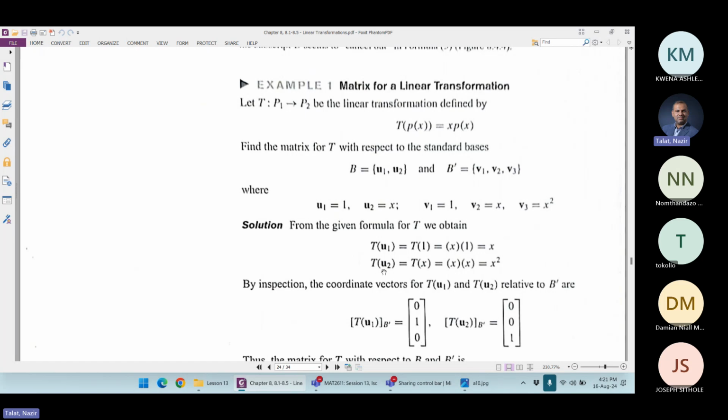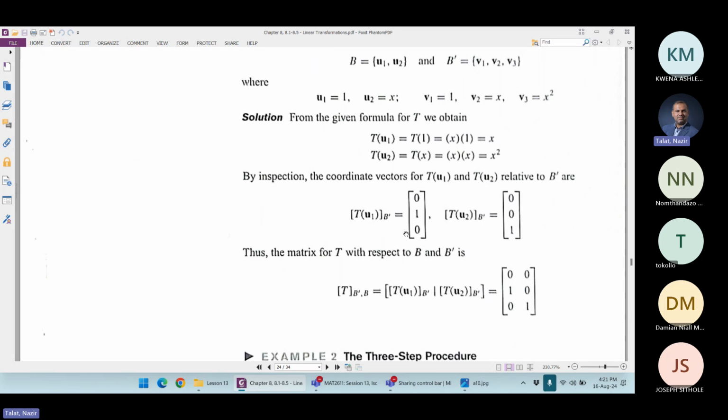And for T(u2), the coefficient of x is 0, the coefficient of the constant is 0, and the coefficient of x square is 1. So it will become 0, 0, 1. Now, if we combine these two, we can obtain the matrix with respect to B and B star. If we combine that, this is the standard matrix of this.